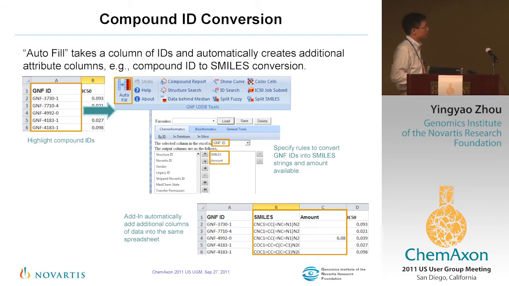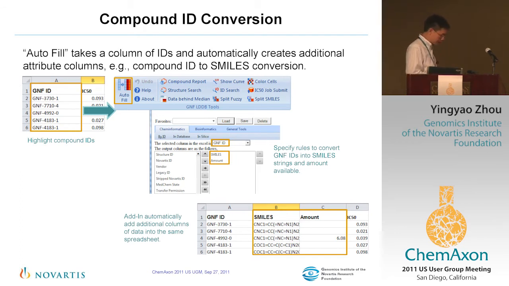One is smiles, another is the amount available for the sample. Then I click a button, I say start, and then I end up with these. Going from there to there takes just a few mouse clicks, then it will automatically add two new columns and fill the data in the right cells. I'm going to show the demo later.